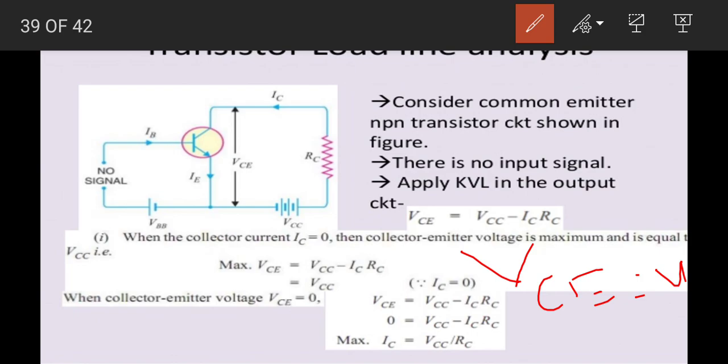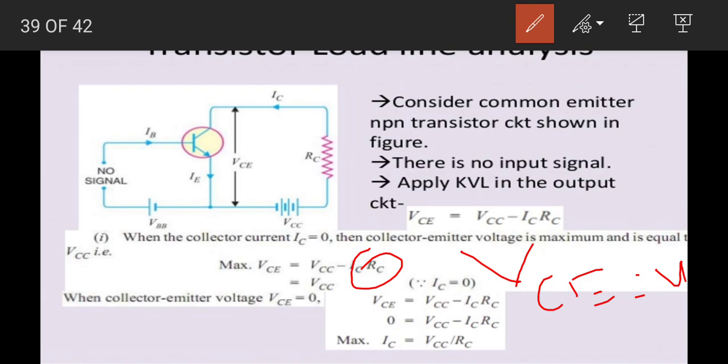This is because IC is equal to 0, then the RC drop is also 0. So we say here the other case is when the collector emitter voltage is equal to 0. So the equation is like this: if the VC is maximum, then VE is 0.